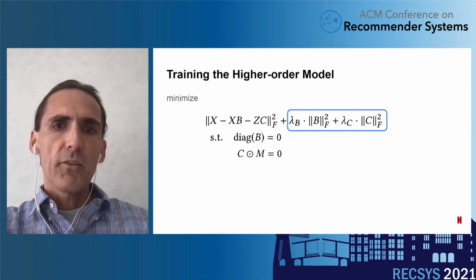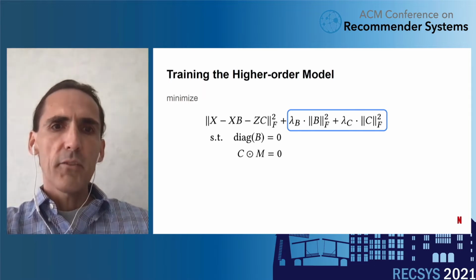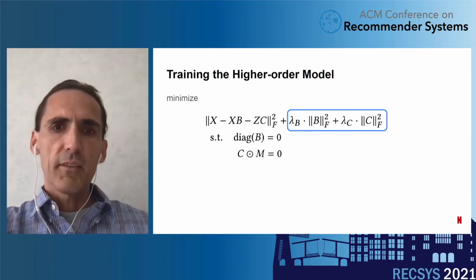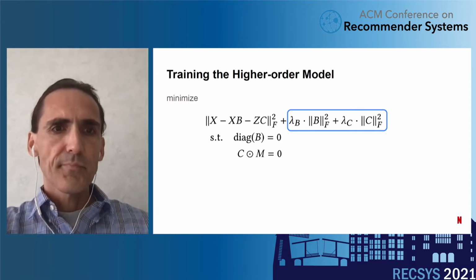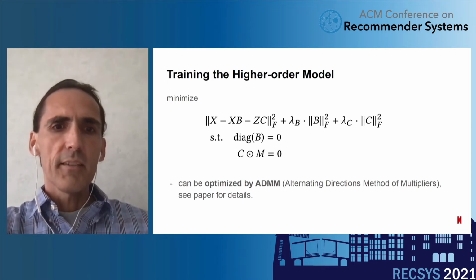In addition, we also add some L2 norm regularization to prevent overfitting. So we have 2 hyperparameters, one for the pairwise and one for the triplet component. This model can be trained using ADMM, and details can be found in the paper.